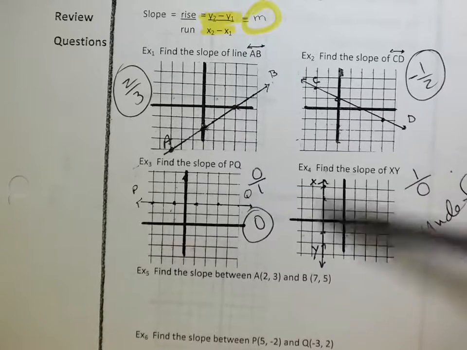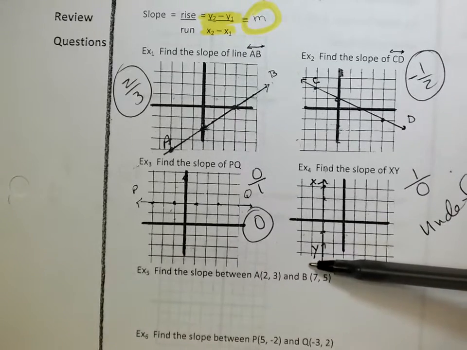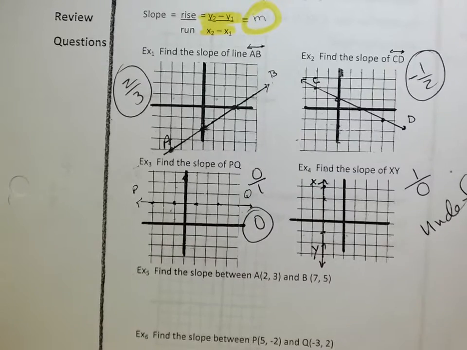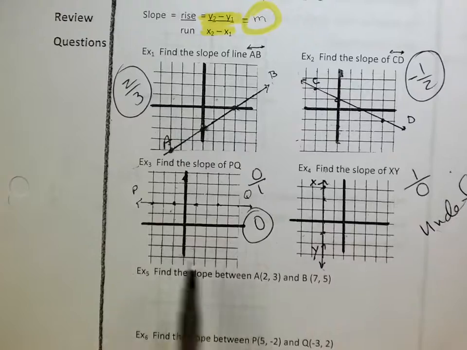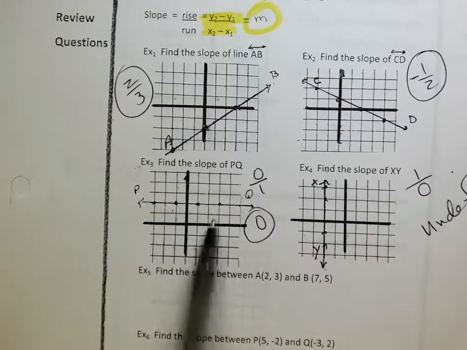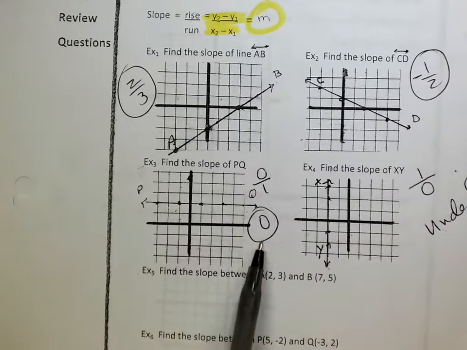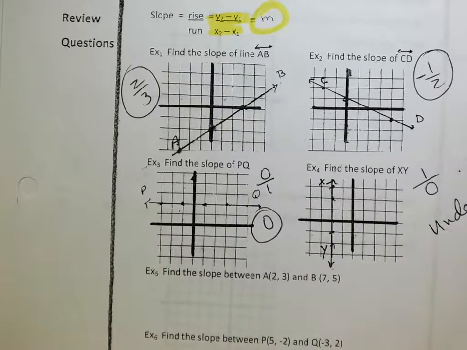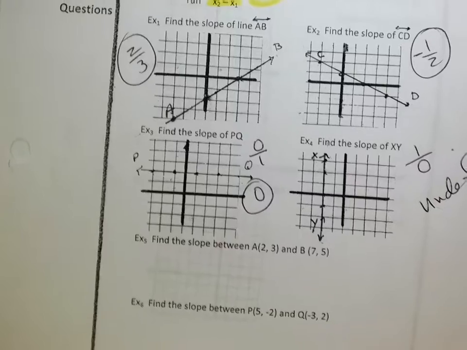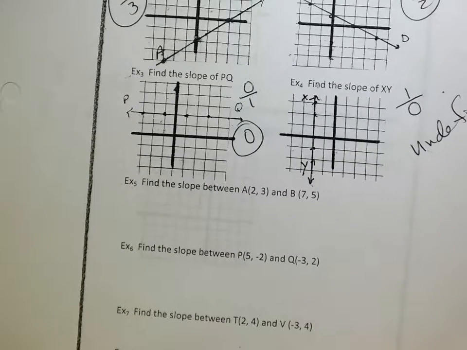But this one's going to hit back pretty bad, right? This one you can't ski. This is undefined. Now this one is like cross-country skiing, right? 0 slope. This one takes a little bit of work. I don't mind this one. I like to cross-country ski. Anyway, makes sense?